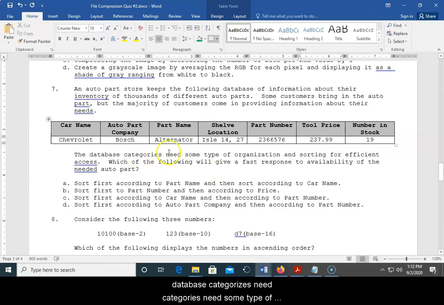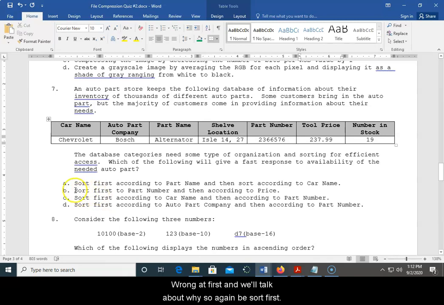So the database categories need some type of organization and sorting for efficient access. Which of the following will give a fast response to availability of the need? Okay, so I'm going to go through a couple that should be wrong at first, and we'll talk about why.